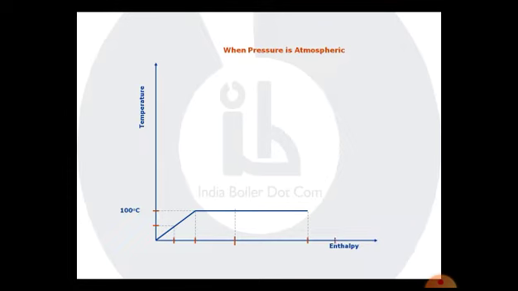The temperature along with the enthalpy will both increase. They will follow the relationship mc delta T, here as well as here. The only difference is that here the C was of water, here the C would be of steam.